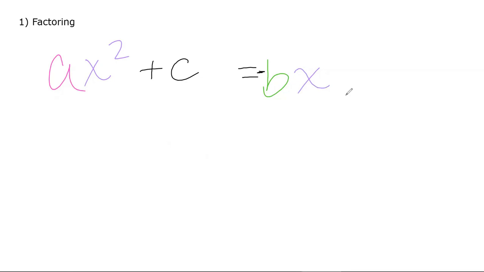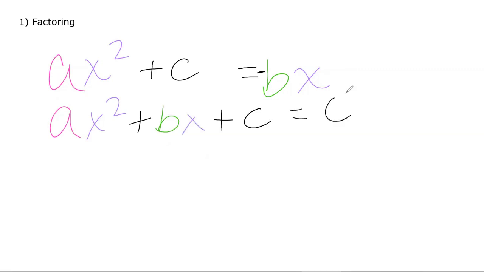So first let's just do that: ax squared plus bx plus c is equal to 0.